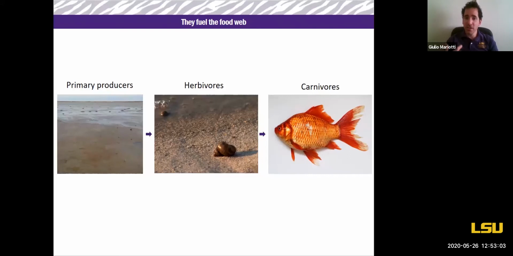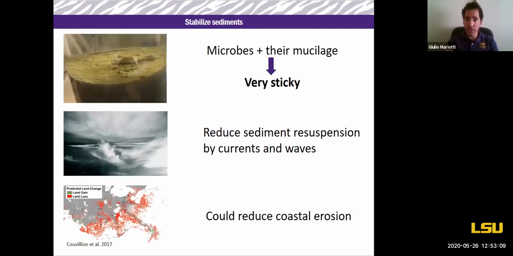But for a geomorphologist like myself, the interesting aspect is that these benthic microbes can help stabilize sediments. The microbes and the gel, the mucilage around it, make them extremely sticky, as you can kind of see from this image on the top left. And intuitively, if the sediment is more sticky, it's going to be harder to be resuspended by a process like tidal currents or waves, which mobilize sediment, and at the large scale is what is causing coastal erosion.